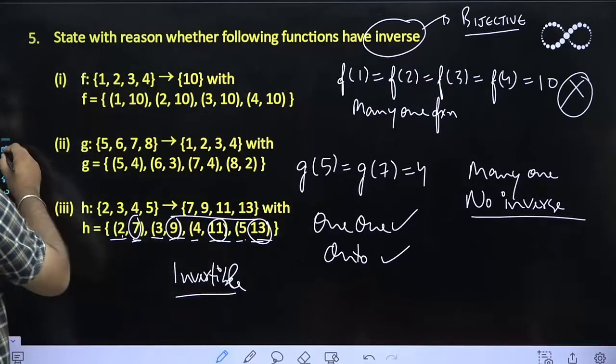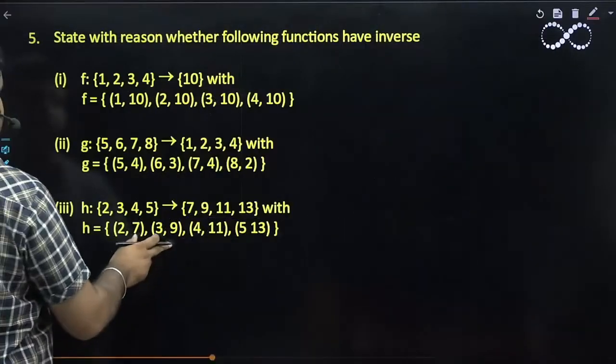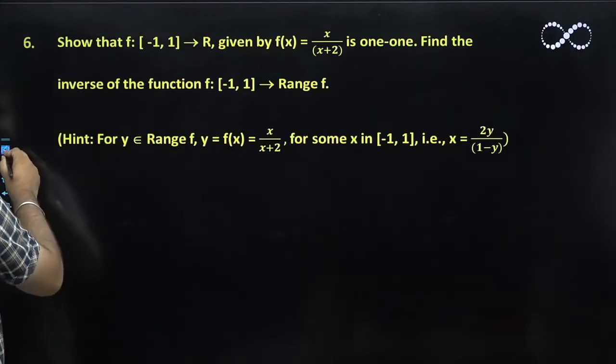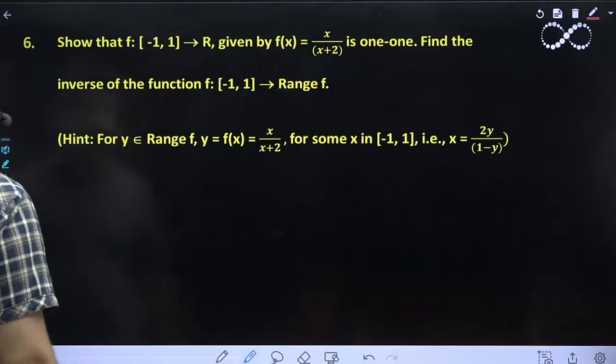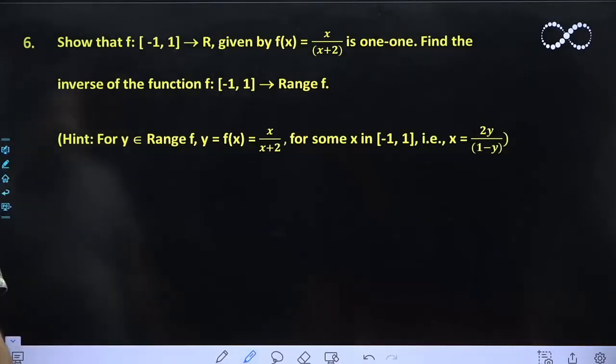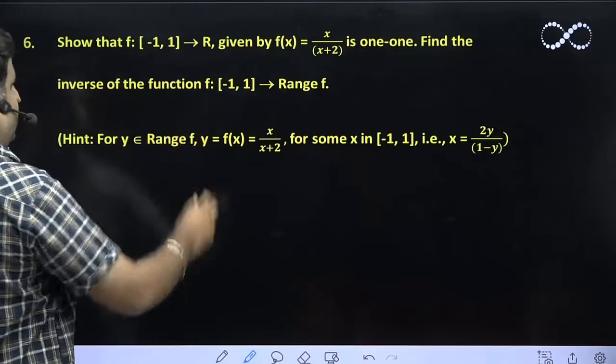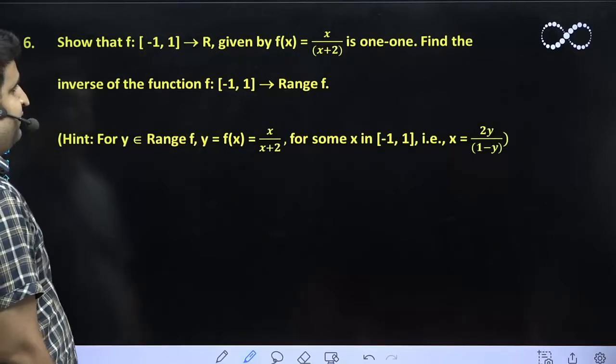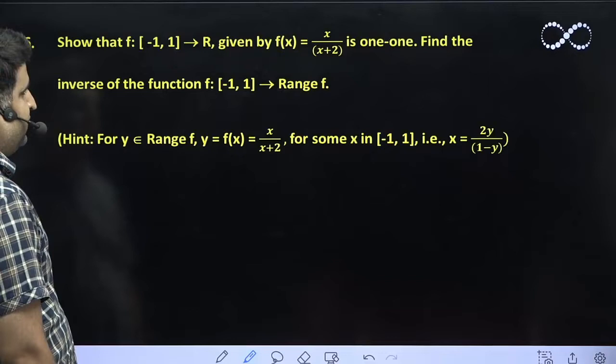So let's move on to the next question now, which is the sixth question, which says show that the function f from -1 to 1 to R given by f(x) is equal to x upon x plus 2 is one-one.